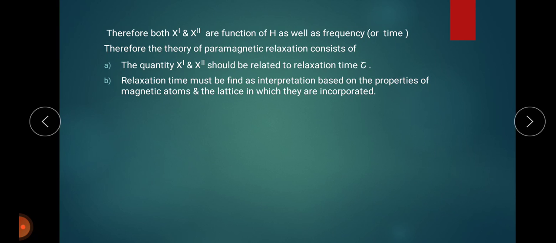Therefore, in the theory of paramagnetic relaxation, the quantities χ' and χ'' should be related to the relaxation time τ. Also the relaxation time τ must find an interpretation which is based on the properties of the magnetic atoms and the lattice in which they are incorporated.